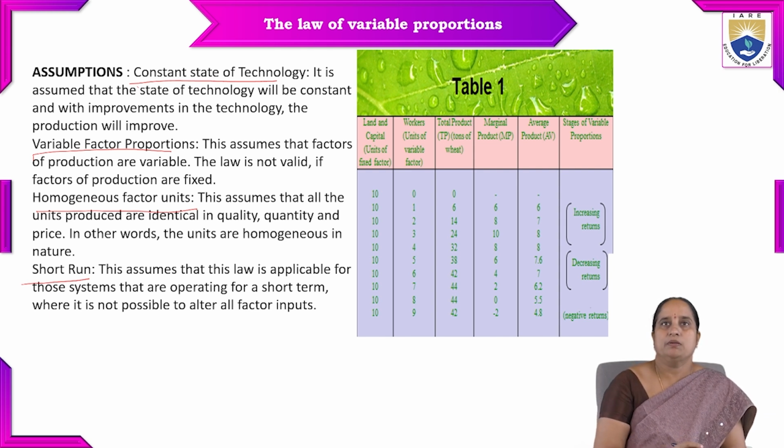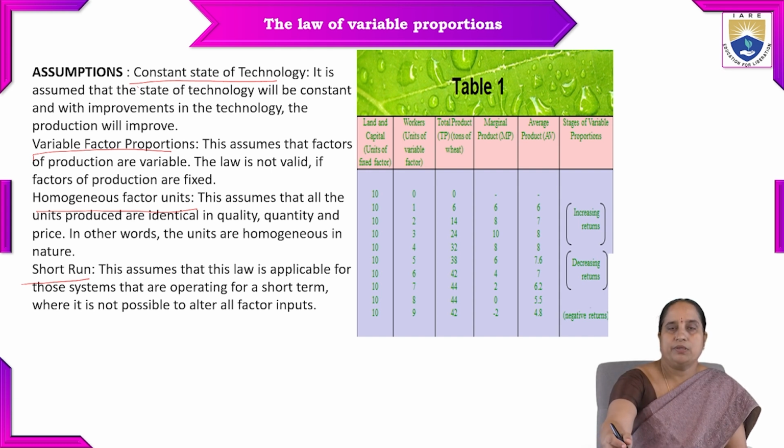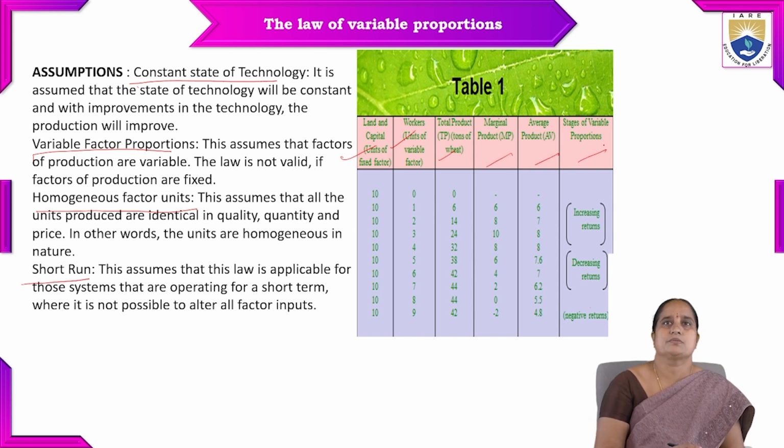If you see the table here, we have taken land and capital as the units of fixed factor, and only one variable, that is workers, changes. Then based on that, we are going to find out total product in tons of wheat, marginal product, average product, and stages of variable proportions.